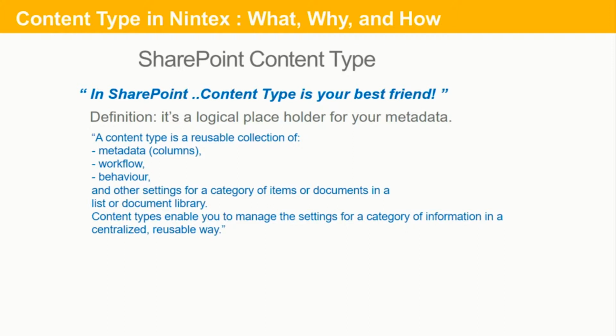Are you going to create another 400 columns on that other list? So content type comes to the rescue. You put your 400 columns once on that content type, then you grab that content type, put it into another list, and magically SharePoint will add those 400 columns to the other list. You don't have to create them again. So that's the beauty of content type.